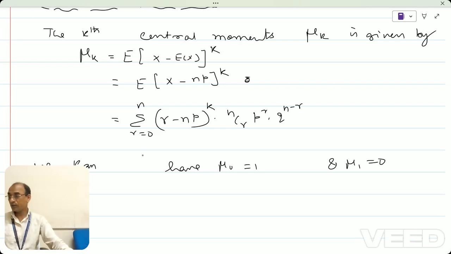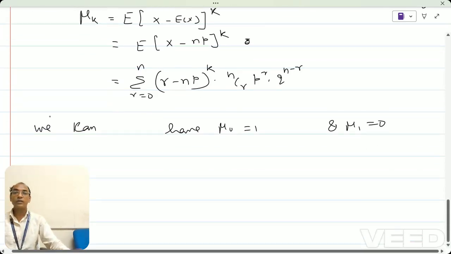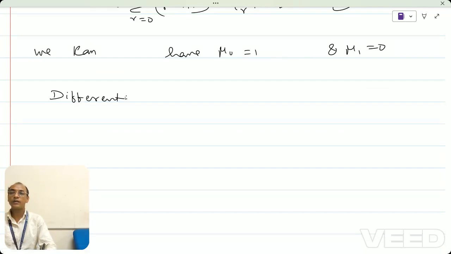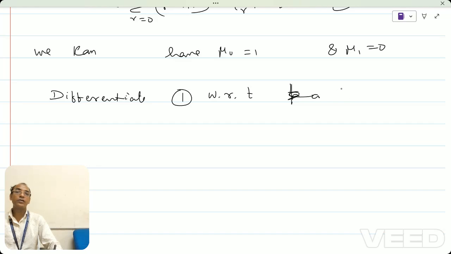And so further, let me consider this as equation 1. Now I will differentiate equation 1 with respect to p and simplify.